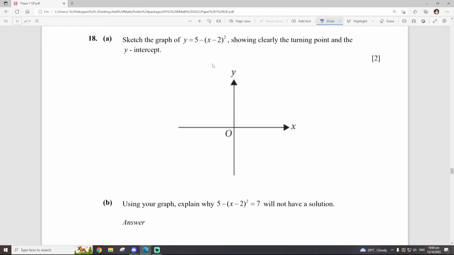So 2 and 5, so that's somewhere here. Okay. So this is 5, and we draw the graph here. So let's see. What happens at x equals 0, actually? We want the y-intercept. So 2 squared is 4, so it's at 1, right? Okay.